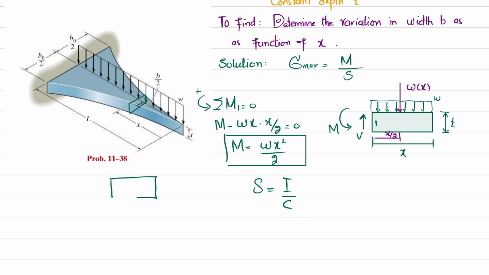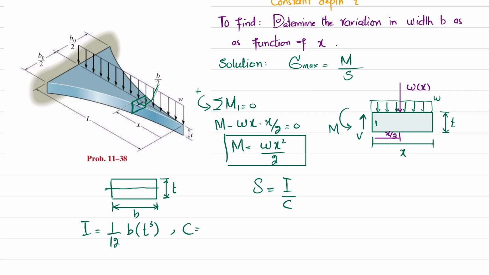If I draw it like this, this is the height or depth T, and the total width is B. The total is B, and this thickness is T. So I for this cross section is equal to 1 over 12 B into T cube, and C will be equal to T divided by 2.